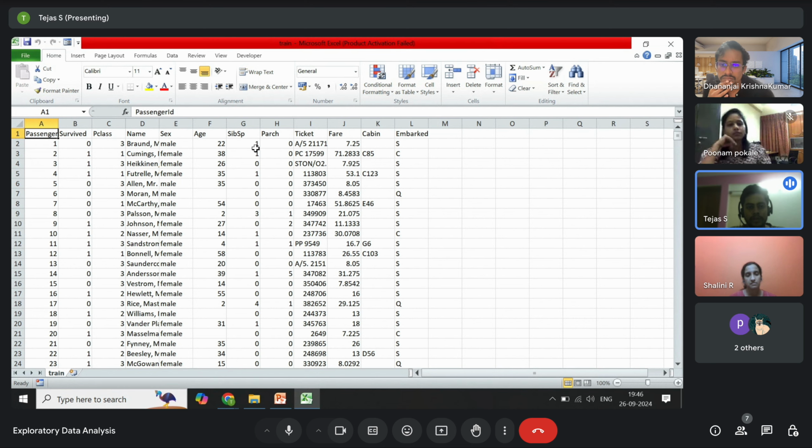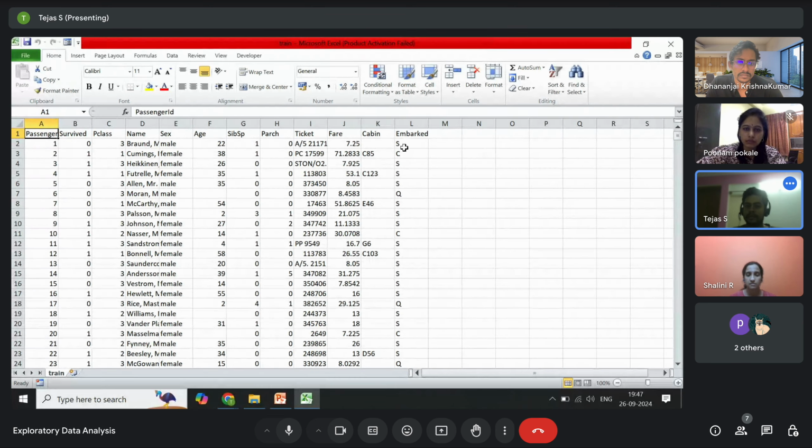If the value is 1 here, there is one spouse or sibling traveling with the passenger. If the value is 0, the passenger is traveling alone. Same in the parents and children column. And we have the ticket number, fare, cabin, and embarked. Embarked means where the passenger boarded.